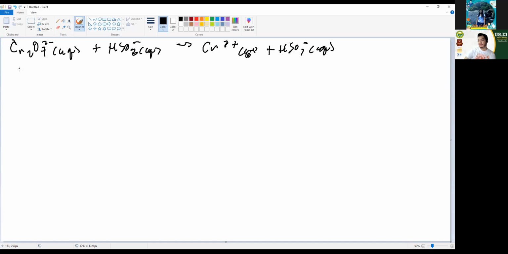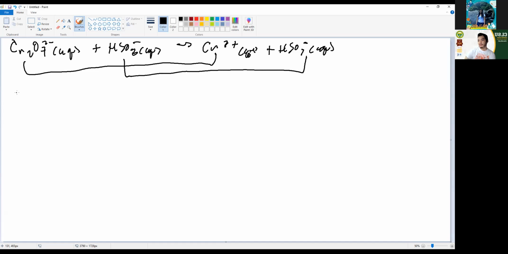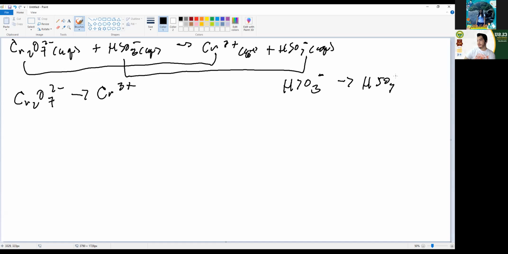You have Cr2 saka Cr, and then HSO3 saka HSO4. So Cr2O7 2 negative, hindi ko nalalagay aqueous para madaling sulat, will yield Cr3+. Saka HSO3 negative will yield HSO4 negative.